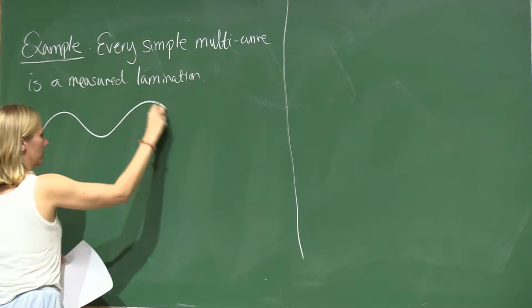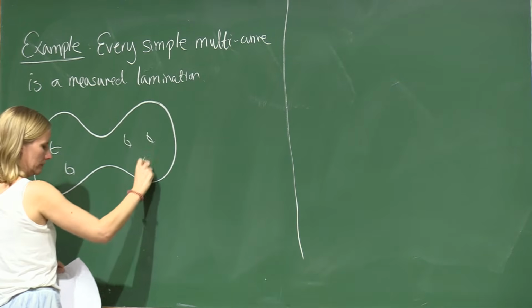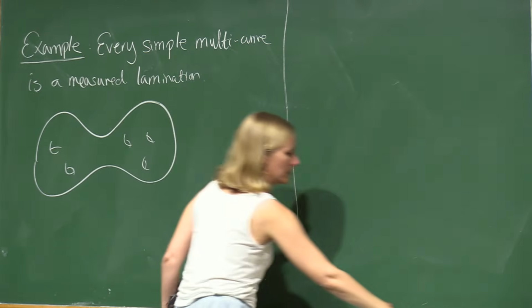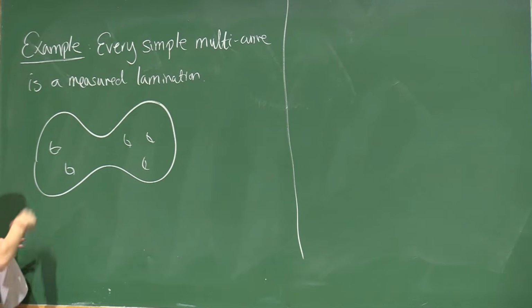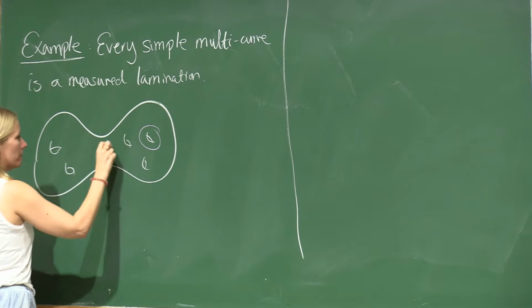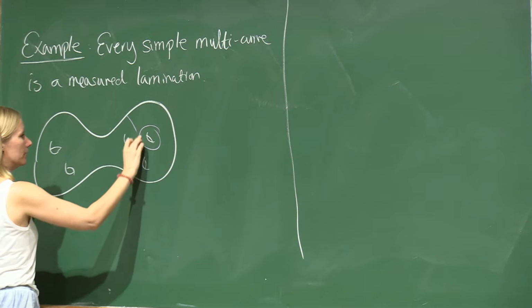A simple multicurve is a formal union of simple closed curves.